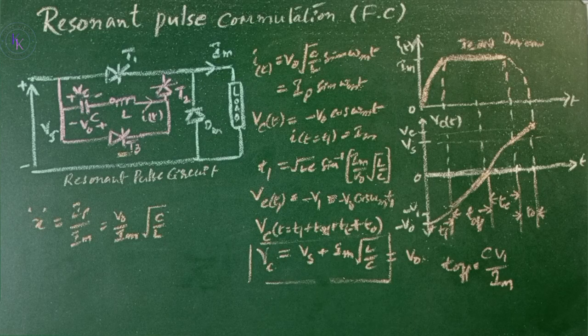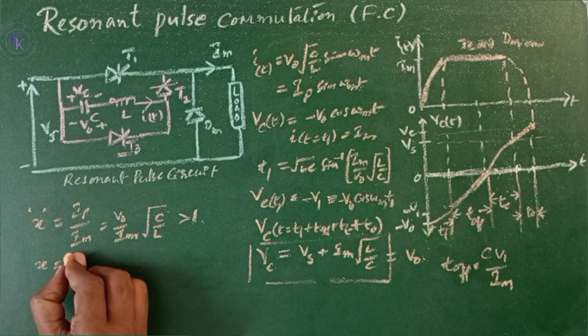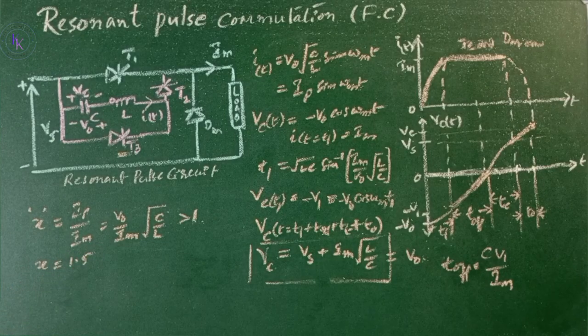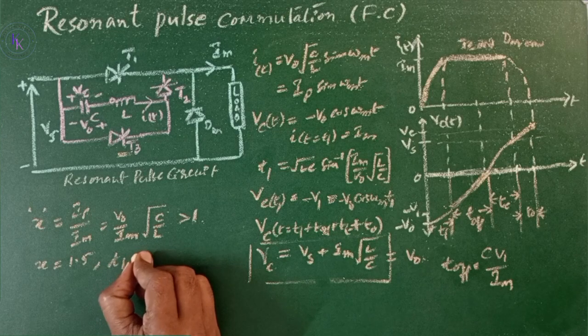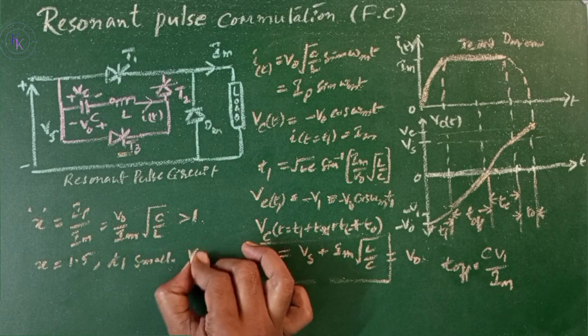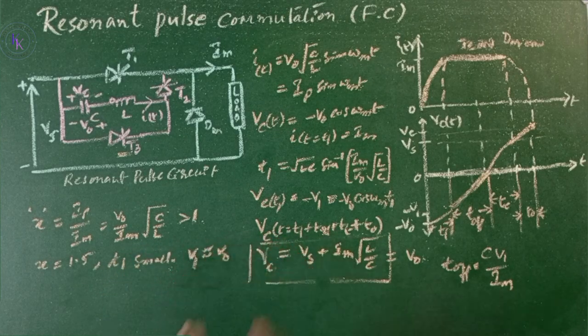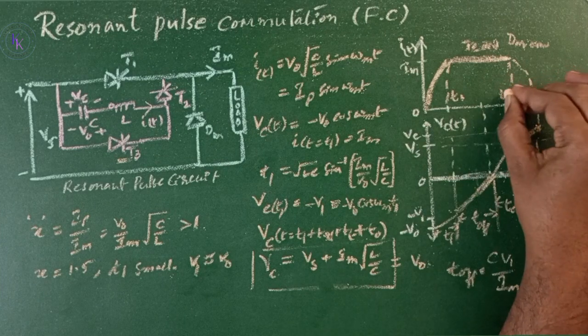To reduce the forward current of T1 to 0, the value of X must be greater than 1. In practice, the values of L and C are chosen so that X equals 1.5. The value of T1 is small and V1 is approximately equal to V0. This is T1 and this is T2.